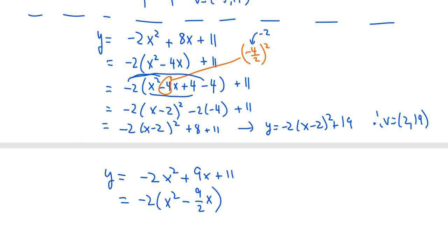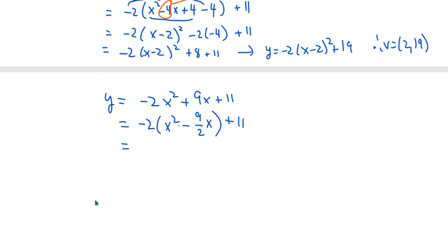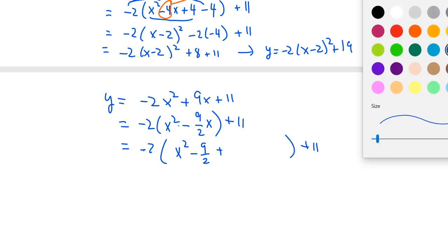Okay, and so this is a little bit harder now because if I want to calculate what the fake number is that I'm going to add to this to make a perfect square trinomial, I'm going to introduce more fractions. So I'm going to add a fake number and subtract it away again. So once again, how do we get it?